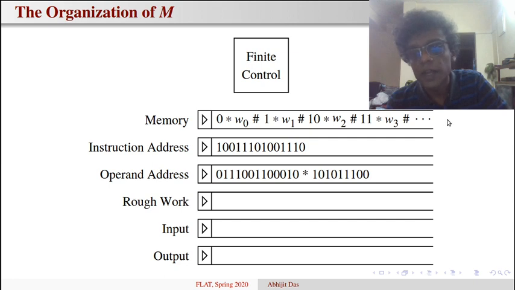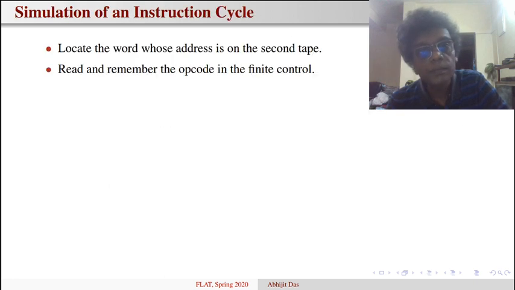Now there is a match, and then you bring that instruction W5. Read that and remember that the opcode is in the finite control. You don't have to store it anywhere. The finite control knows what to do with that kind of operation. In particular, it knows whether it requires further operands. If so, the operands will be part of the instruction, maybe written as W6, W7, something like that.